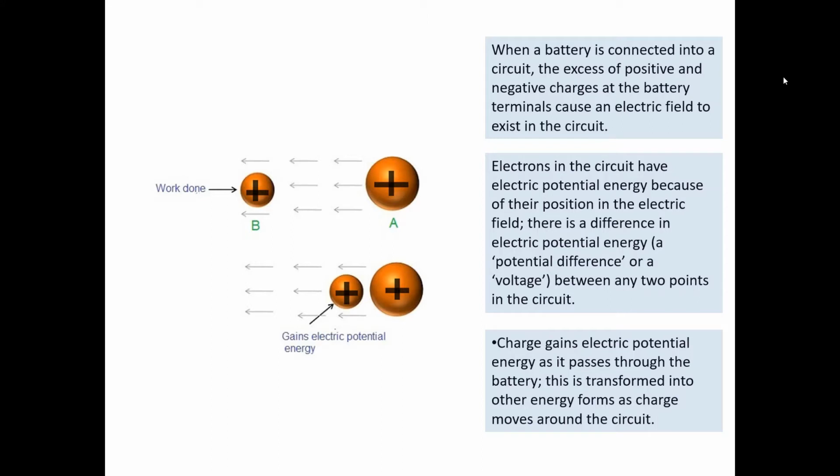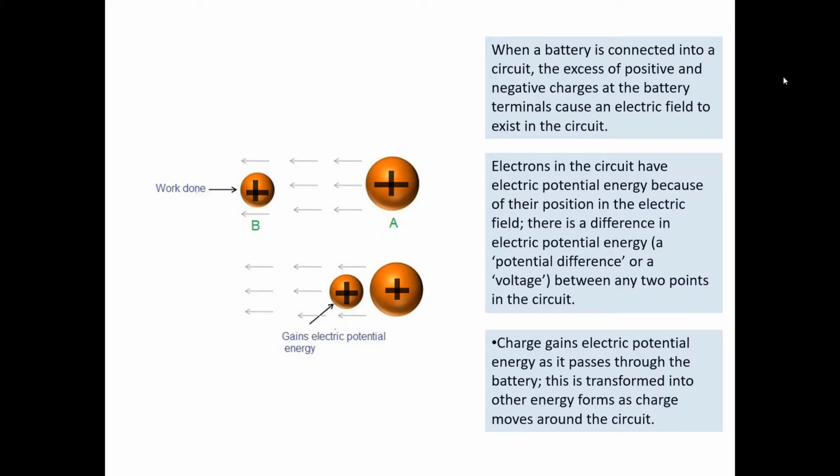So if you look at the diagram on the left, you've got two positive charges. Now naturally they will repel. So that means if you look at A and B, particle B will be repelled from particle A. They have the same charge. So what happens if you push particle B towards particle A?